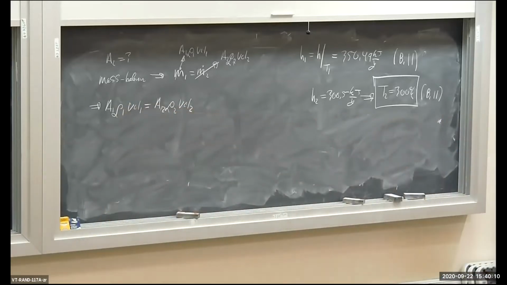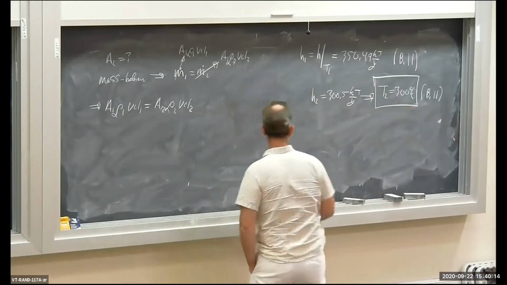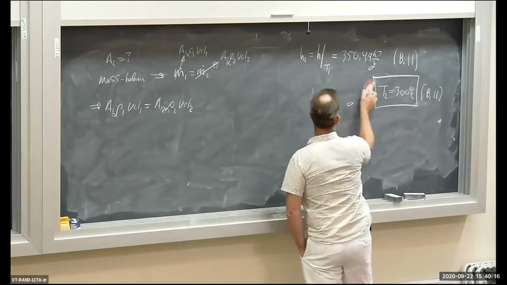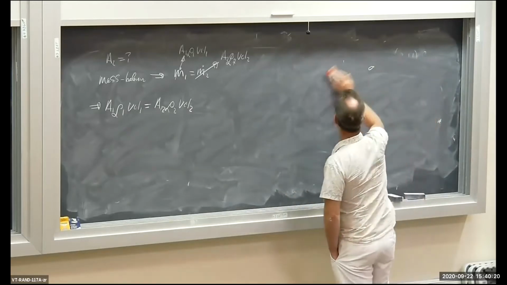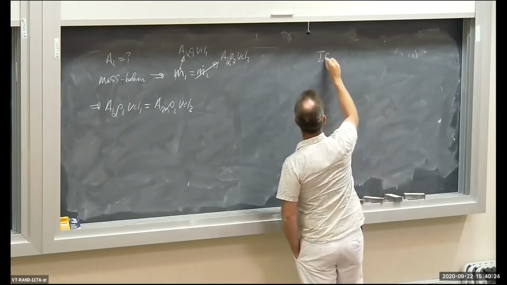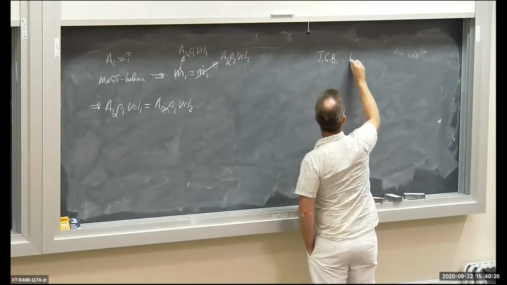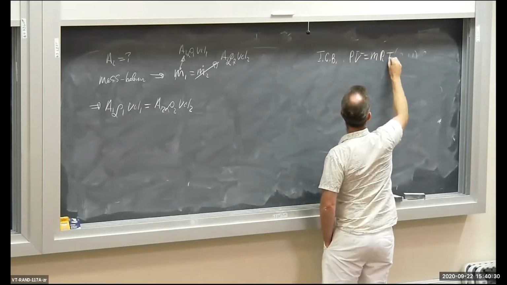Now, what are these densities? If we assume the ideal gas law is valid, I can use it to calculate the densities. From the ideal gas law, pressure times volume is equal to mRT.